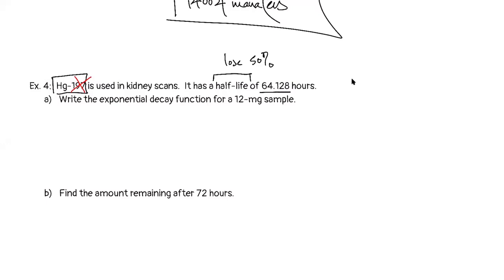All right, so let's write our exponential decay function here. We've got f of x equals a times b to the x. We plug in our numbers. Instead of our a value, we're going to put 12 because we start with 12 milligrams.